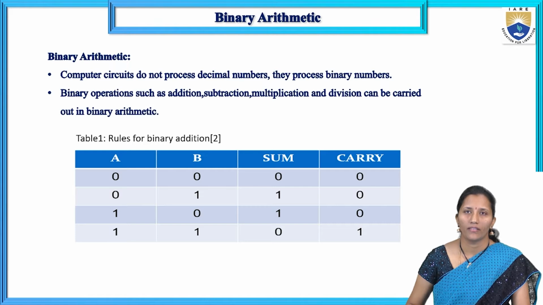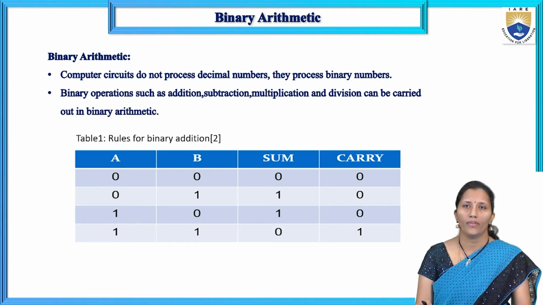Binary arithmetic. Computer circuits do not process decimal numbers. They process only binary numbers. In our daily life, we do additions and subtractions using decimal, but a computer or any digital system will not understand the decimal number system.